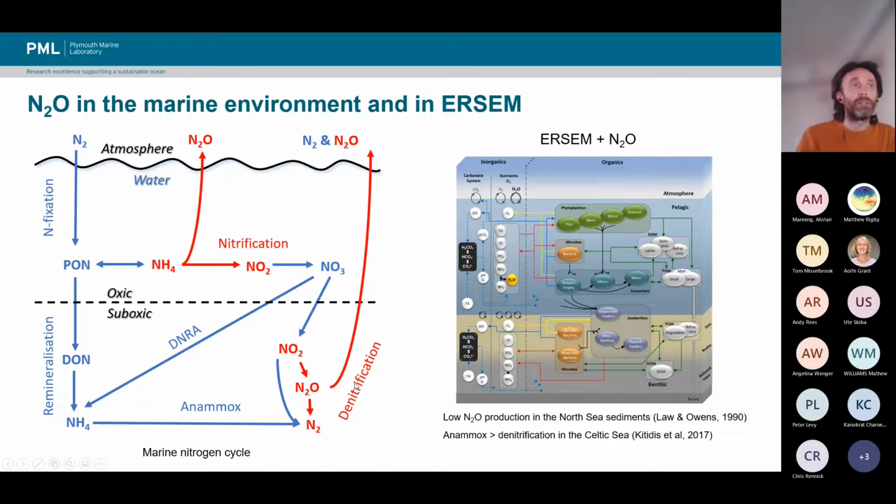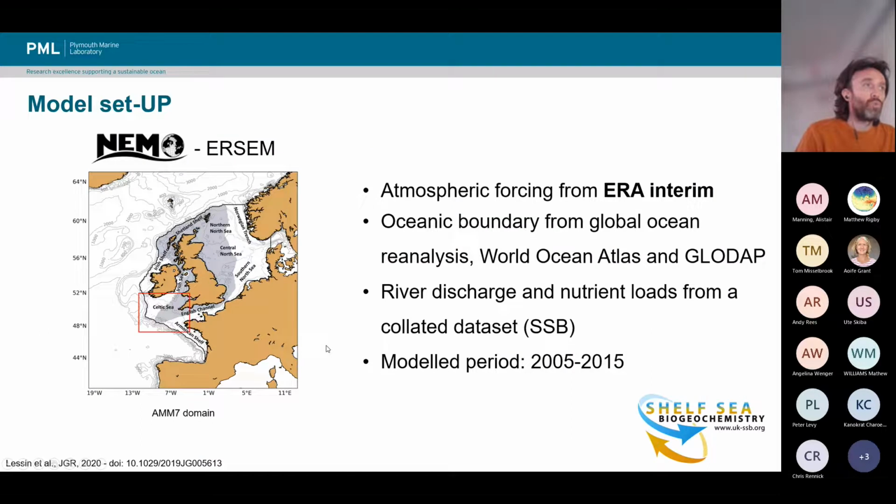This choice was also made because these were deemed the more relevant for the domain that we have studied. That is the Northwestern European Shelf. That's what we call the Atlantic margin model domain, which has a horizontal resolution of about 7 kilometers, hence the name AMM7. I will focus in this presentation only on the emission and production on the shelf.